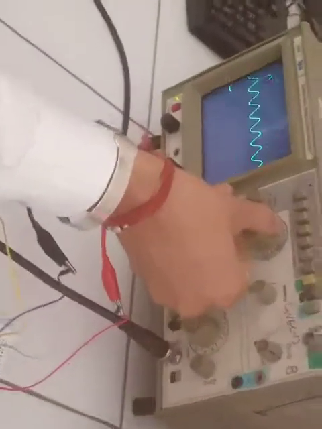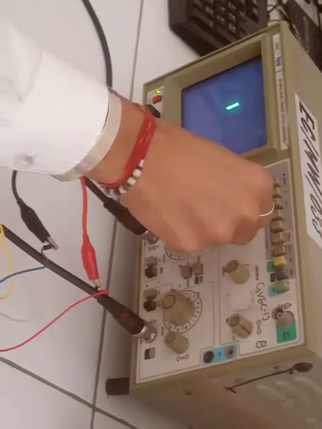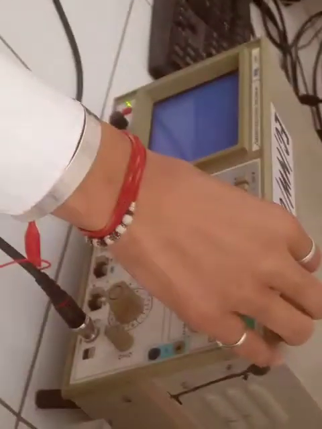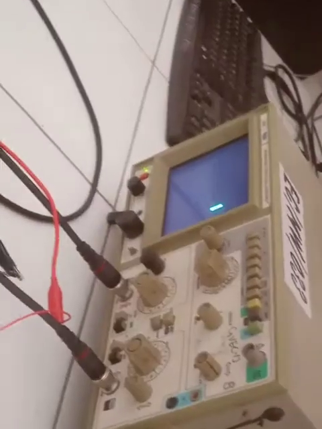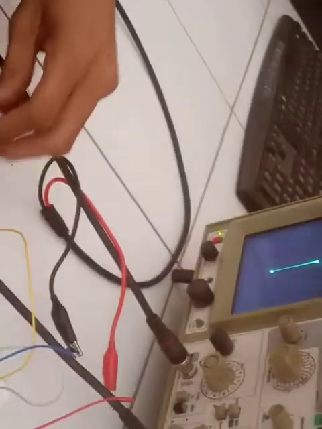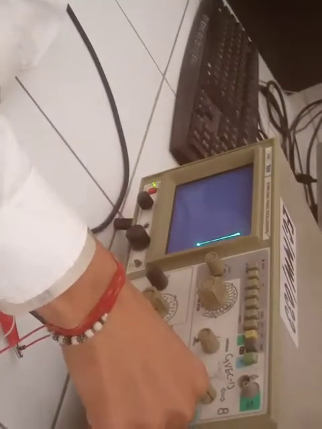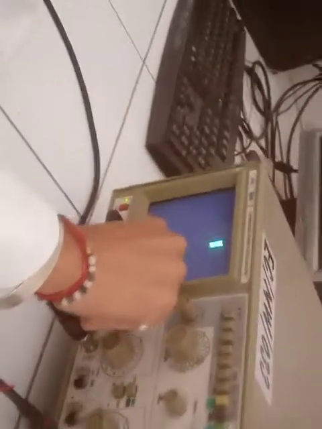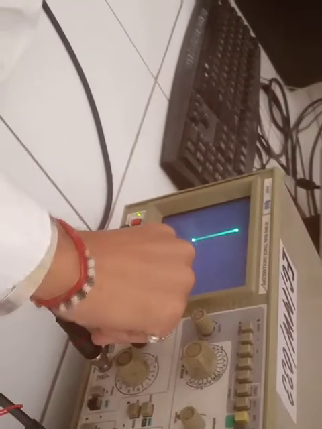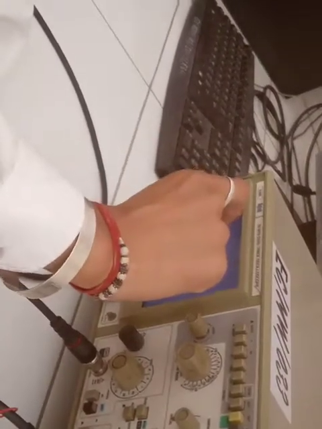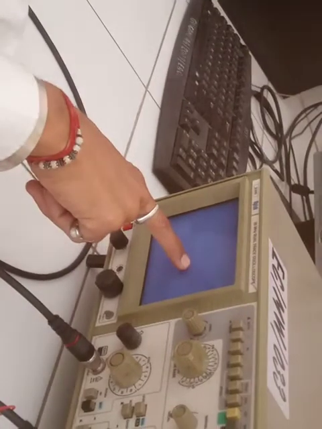To show you very easily, you can see this one. This one is the output, and where is the input? Input is this one. This one is the output. Output height is very large, and input height is very small.